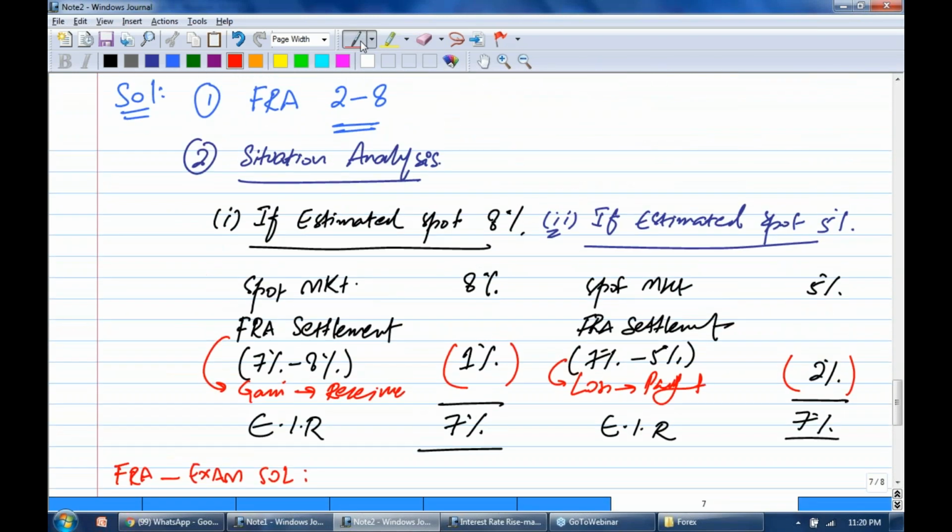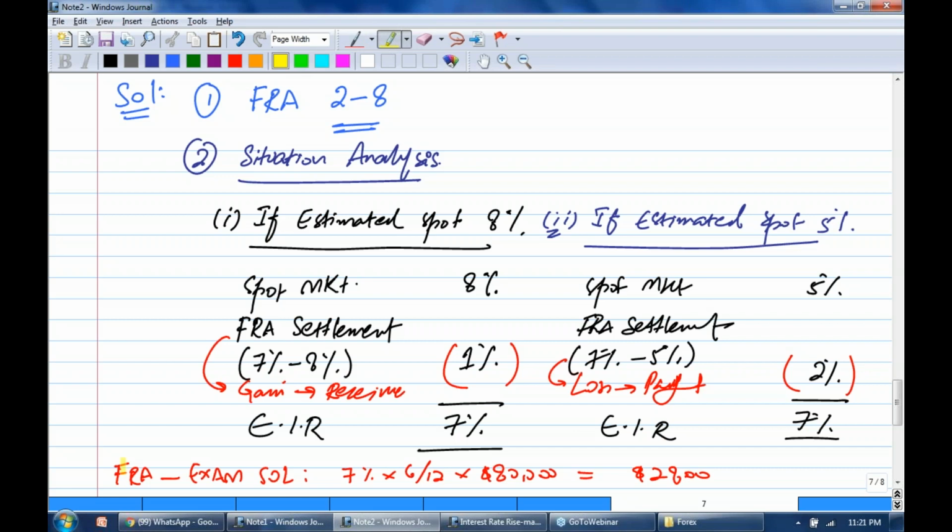You don't need to work out a complete scenario. FRA exam solution, simple. You will say that 7% into 6 over 12 multiply by the value of 80,000. 80,000 into 7 into 6, that's 2,800.